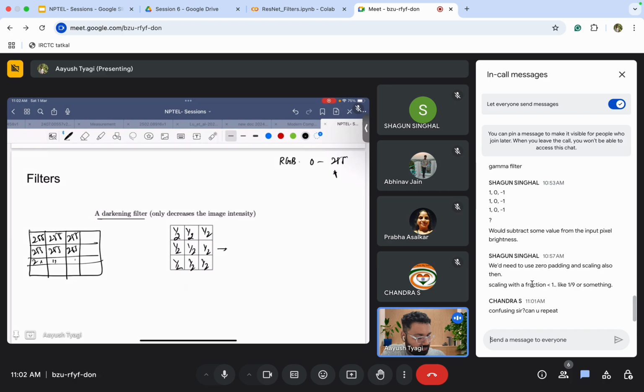Same here, right? And if you convolve this image with this filter, what should you get? What you'll do is we'll just place it here, right? So 255 by 2, 255 by 2.